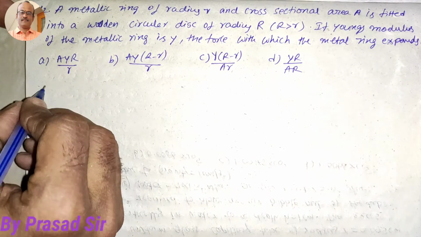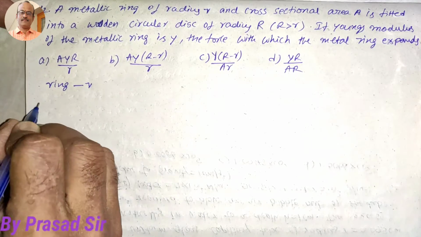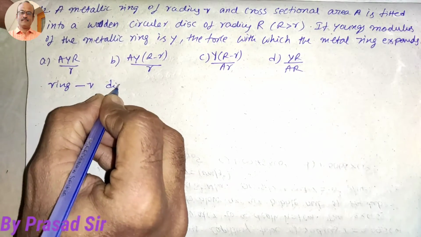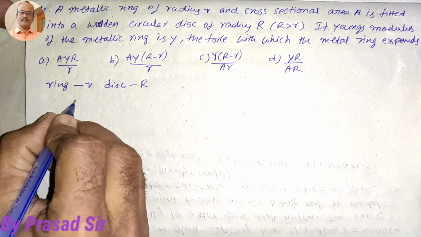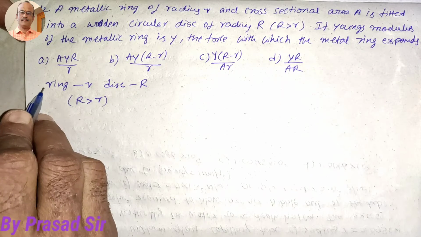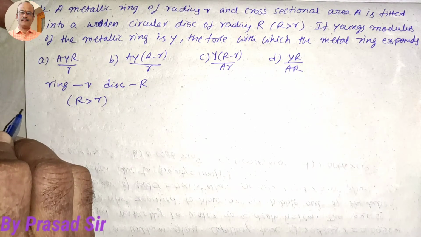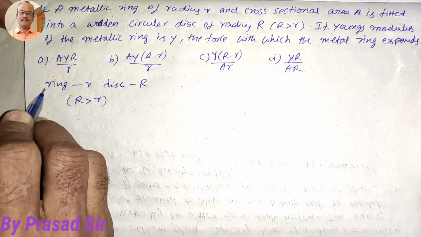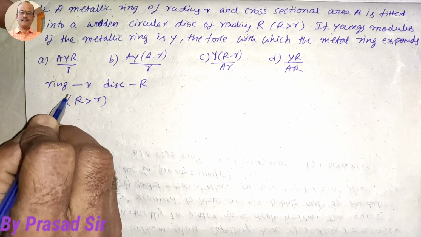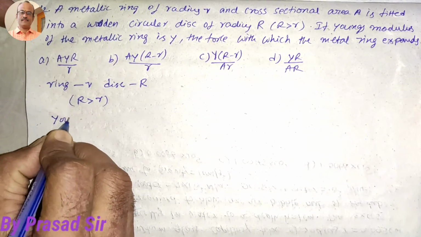So here first of all we have the ring of radius small r and the disc of radius capital R, given capital R greater than small r. So we have to insert the ring surrounding the disc, which means the expansion of the metal ring should take place to fit the disc.